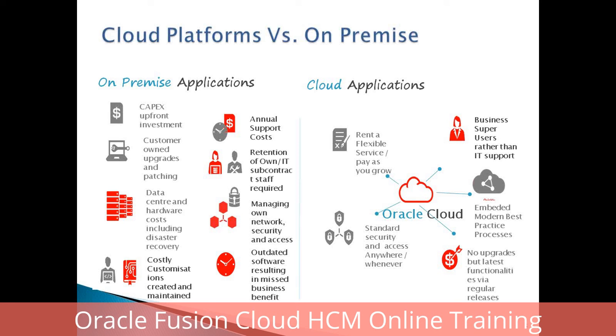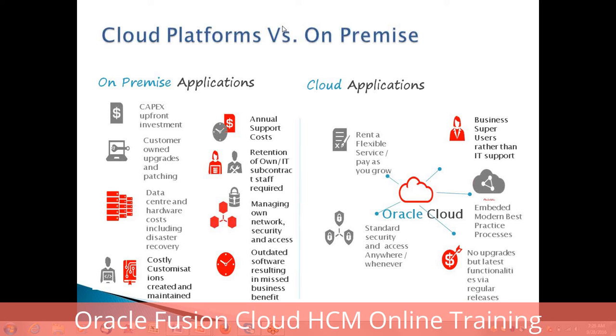Then the cloud applications will have standard security and access anywhere, whenever, so the provider will take care of the security of the information, and customers need not worry about that, and they can access the application anywhere whenever they want, and that too on various devices like laptops, mobiles.